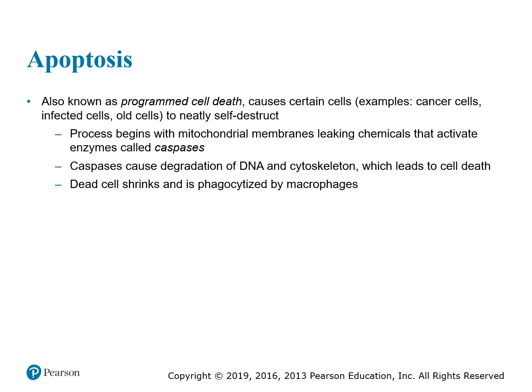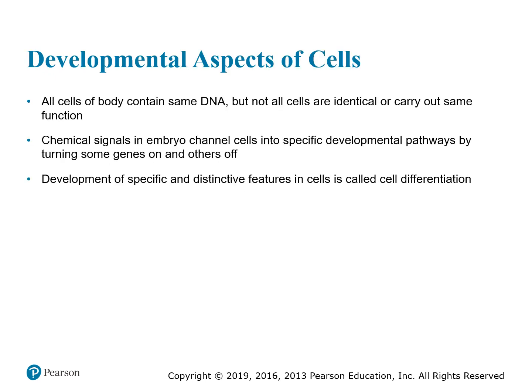As mentioned, the contents of the cell are actually quite destructive to neighboring macromolecules, but this starts with mitochondrial membranes leaking chemicals, activating enzymes called caspases, which lead to degradation of macromolecules like DNA and the cytoskeleton, leading to cell death. As a result, the cell will shrink and be phagocytized by macrophages.